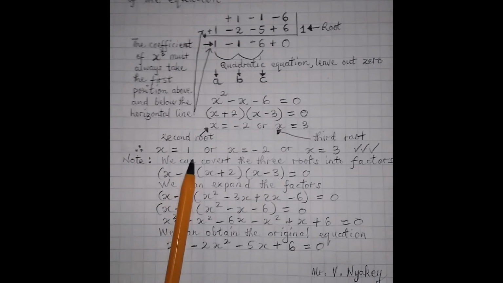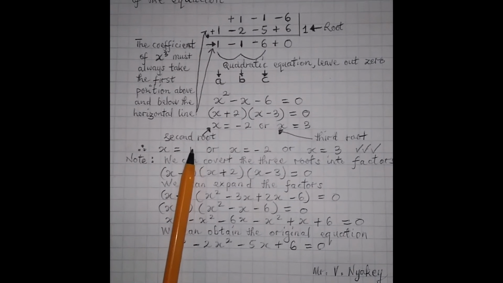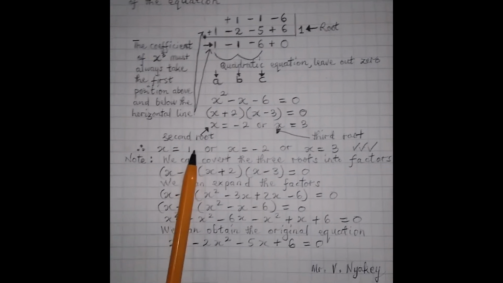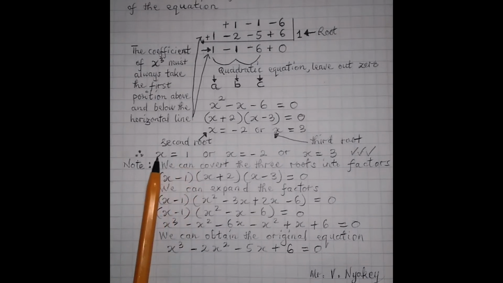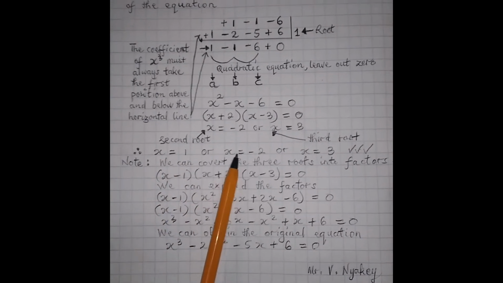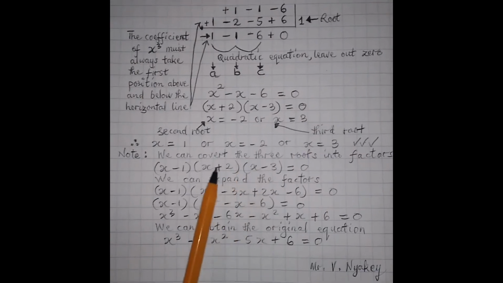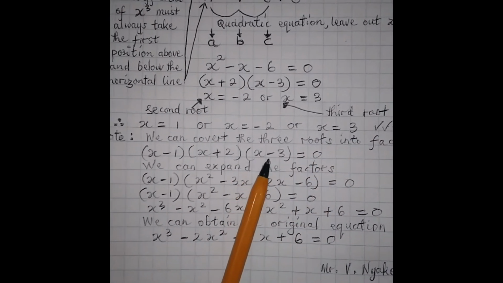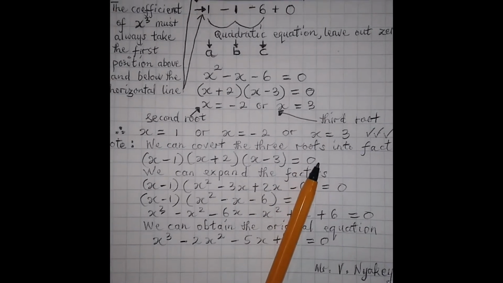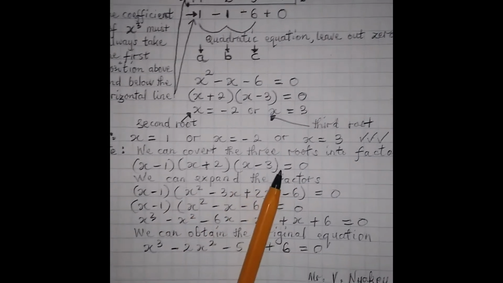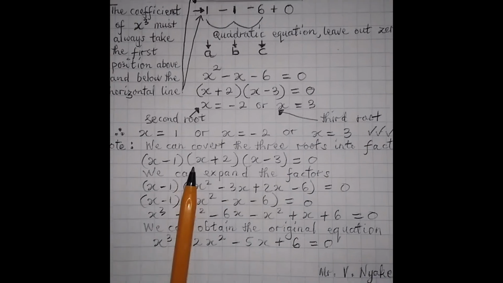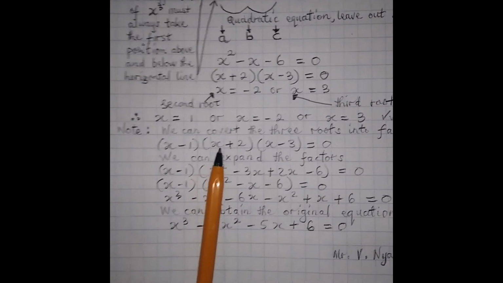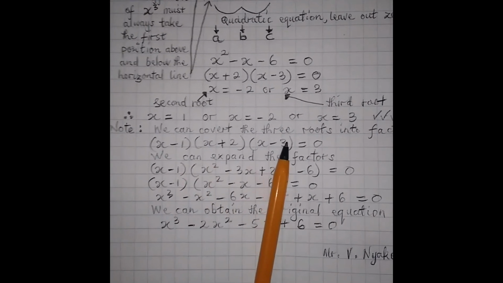Now, in this case, if you group like terms, this +1 will become -1. Look at it. x is equal to -2 becomes x plus 2. x is equal to +3 becomes x minus 3 is equal to 0. If you expand these, usually I tell learners to start expanding from the last 2 brackets.